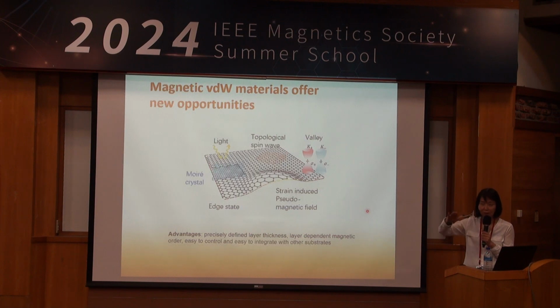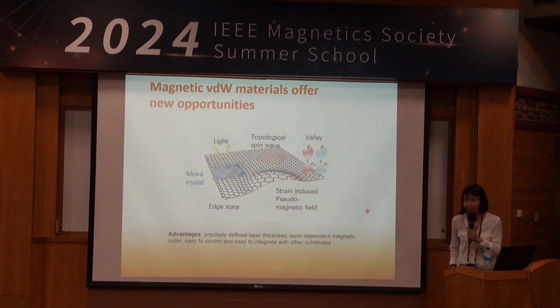Between each individual sheet, they're bonded by van der Waals forces. The most famous example is graphene. Of course we know graphene has already won the Nobel Prize. My prediction is this class of material is going to win another Nobel Prize. I don't know when, but there's really a lot of fascinating condensed matter physics being done in those systems.